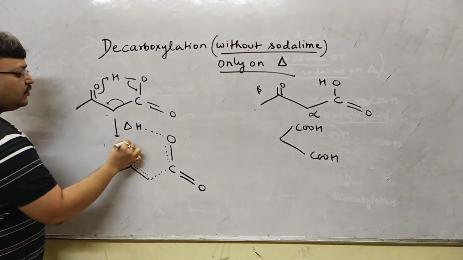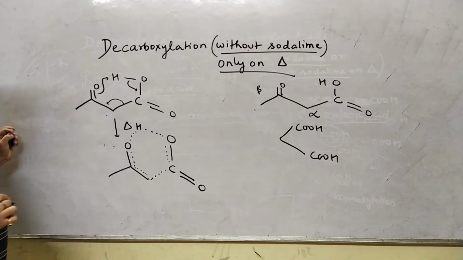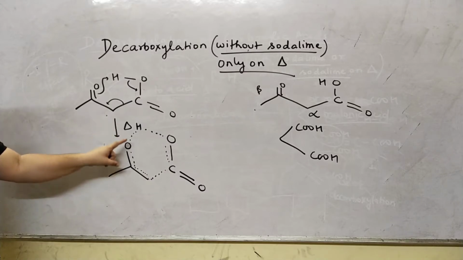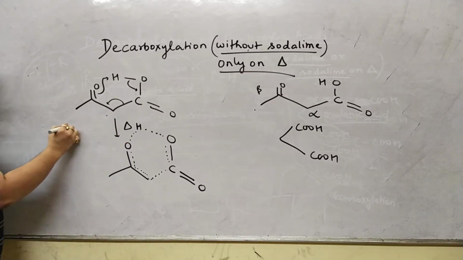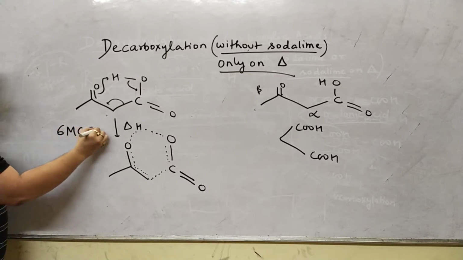This is how you draw a transitory state. Now this is a 6-membered cyclic transitory state. It's very popularly called a 6-membered cyclic transitory state.